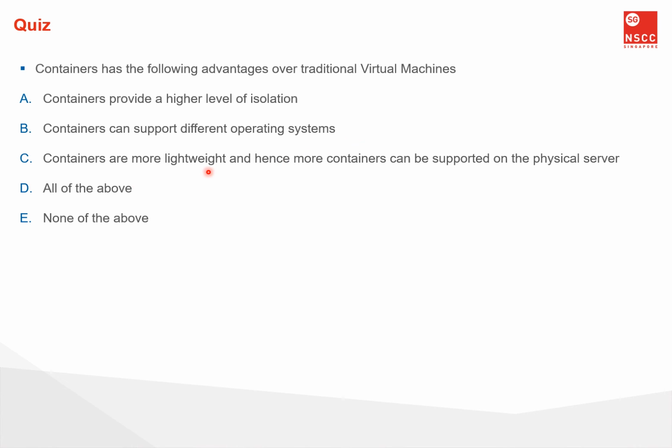C, containers are more lightweight and hence more containers can be supported on the same physical server. D, all of the above are true, or E, none of the above are true. So pick one answer, and hopefully you are able to do that within the next few minutes. Just pause here while you think about this question and try to think of the answer.